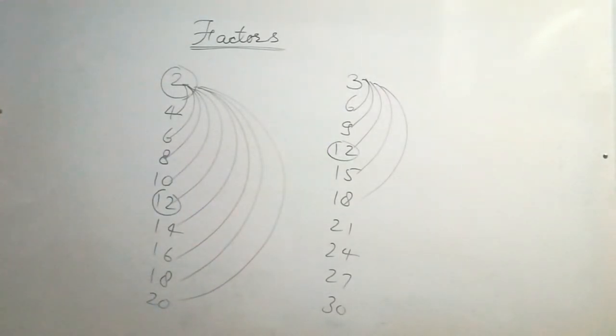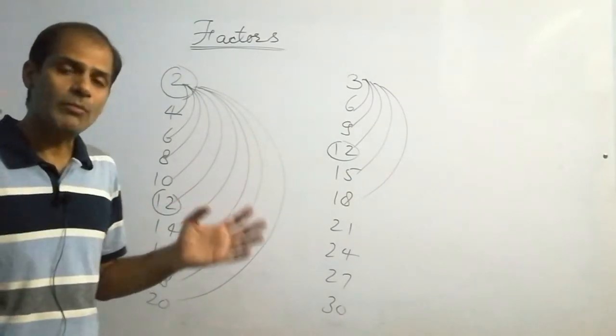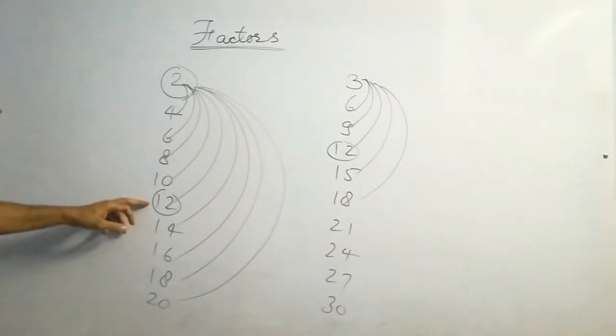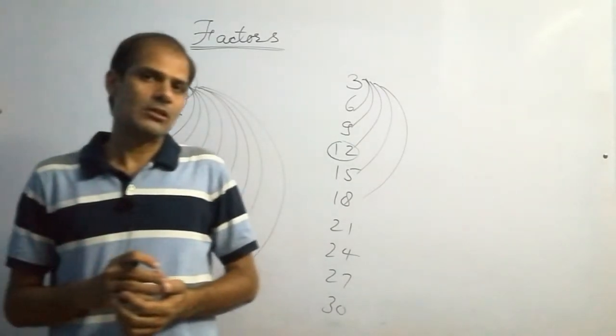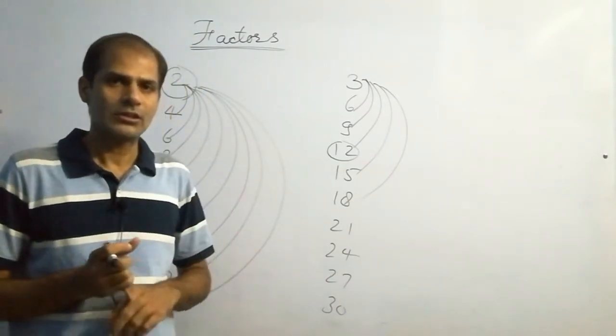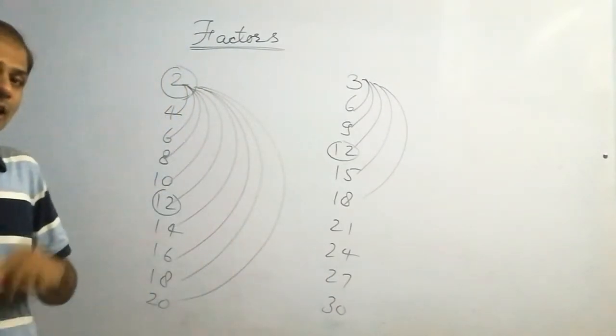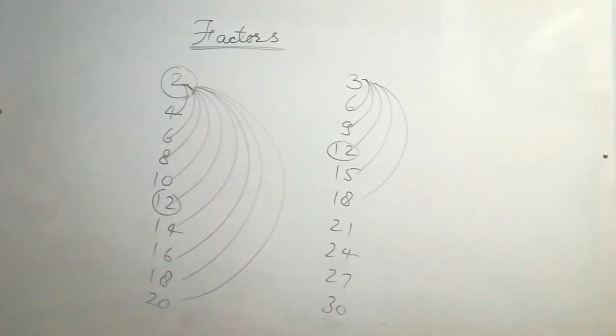Is there any other factor? In how many tables can you get 12? As you know the tables, 12 comes in the table of 4, the table of 6, the table of 12 and also the table of 1. So there are many more numbers which are factors of 12.